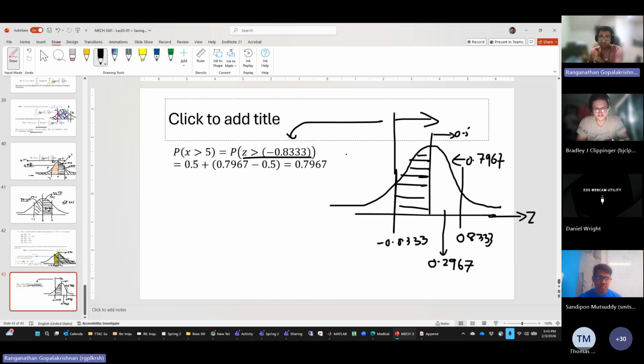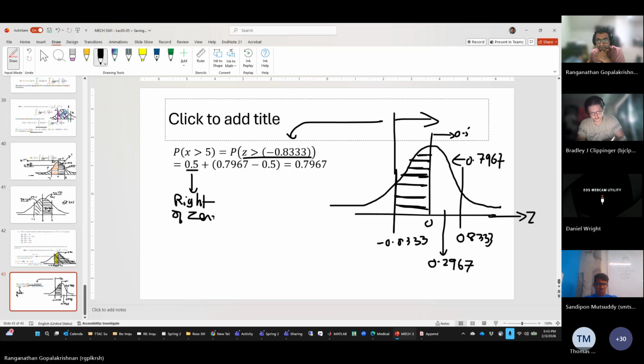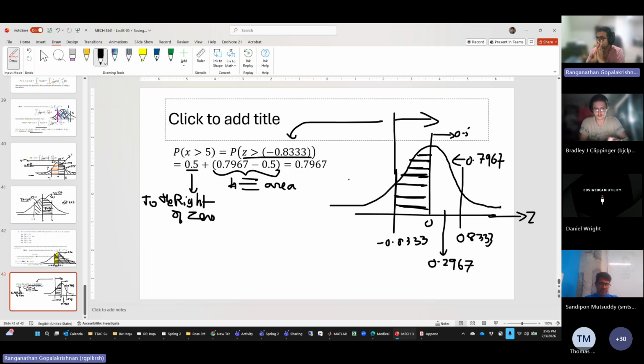That would be this horizontally dashed area, plus everything to the right of 0, which is 0.5. Are you with me, Thomas?